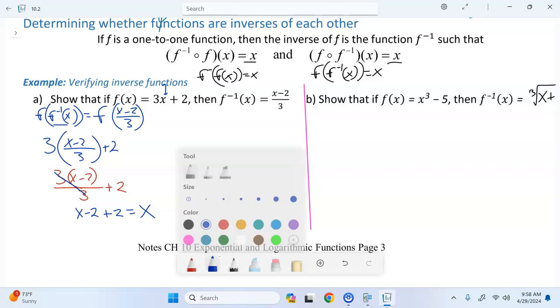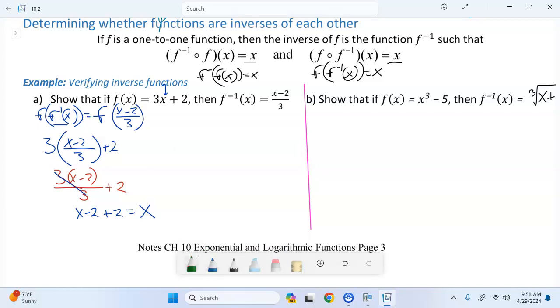Now we want to do it again in the other direction. So we want to take f inverse of f of x. And f of x is 3x plus 2. So we're going to plug it into our inverse: 3x plus 2 minus 2, over 3. Now what? Yep, so we're left with 3x over 3.